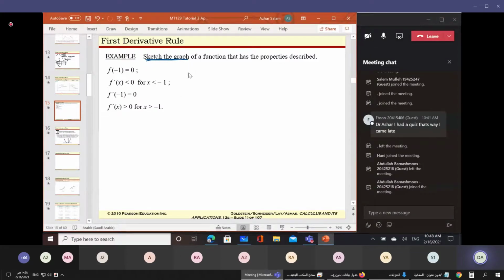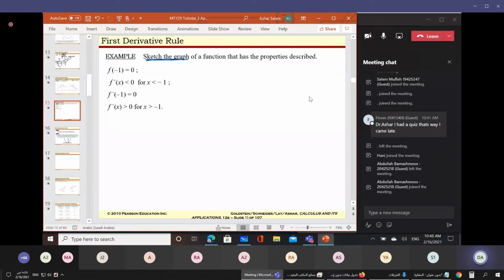This could also be a multiple choice. ممكن أعطيك multiple choice مجموعة من sketches and you choose the properties. ممكن أعطيك sketches وأنت تختار الخصائص من السكتش المعطى أو العكس. I could give you these properties and you choose the graph, the sketch of a graph.